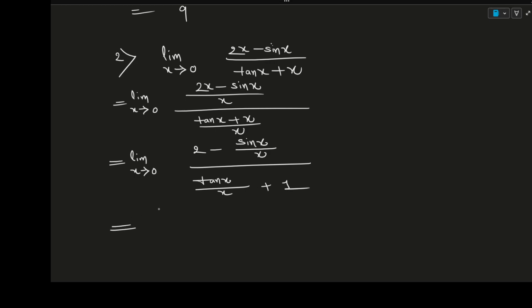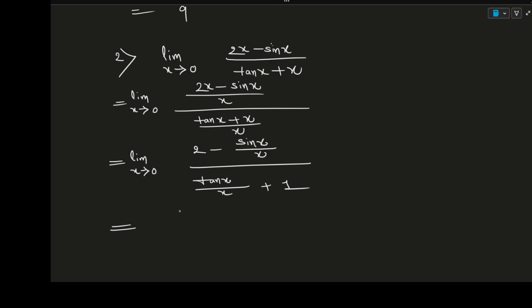Now applying the limit separately in numerator and denominator, I will get the limit of sin x by x will be 1 and tan x by x will be 1 as x tends to 0.